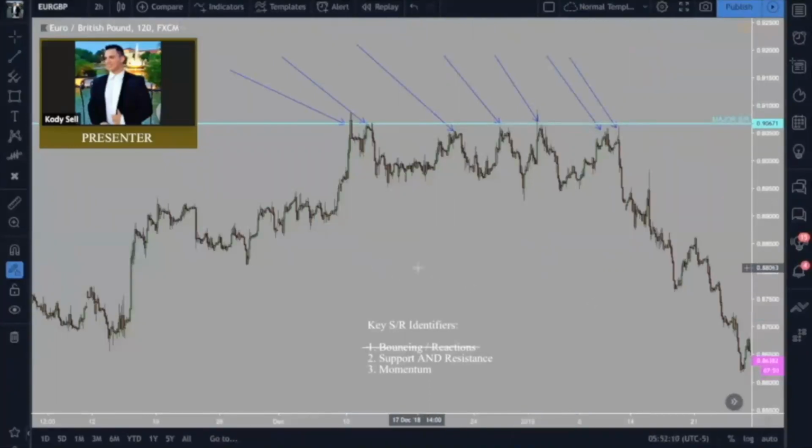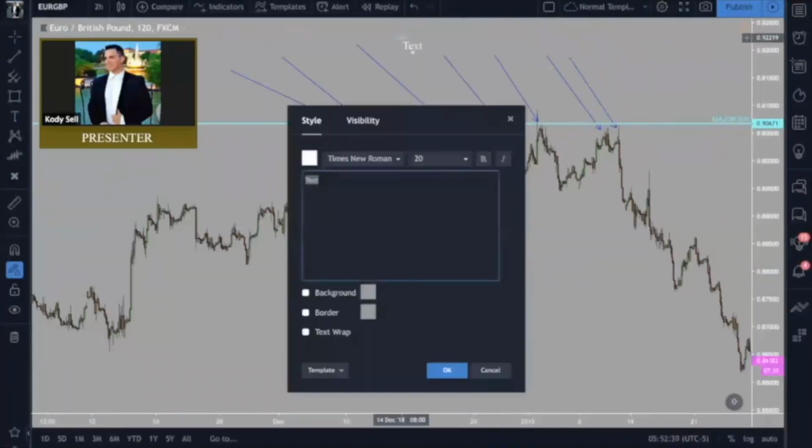Now, do we see that this level acts as both support and resistance? No, we don't see that. In the examples that we have here, in this market in front of us, we're only able to see that it is acting as what? Resistance.